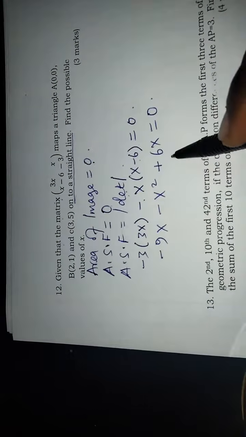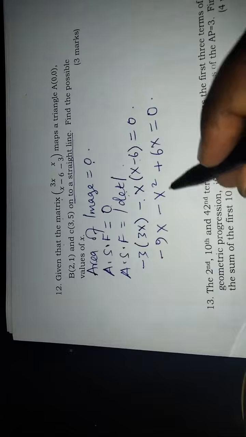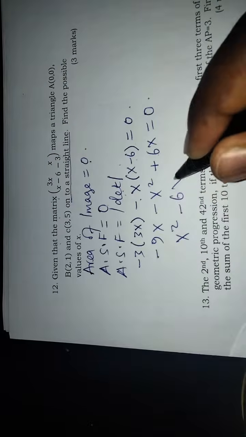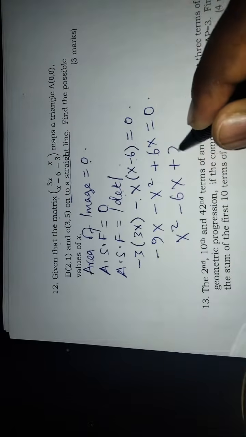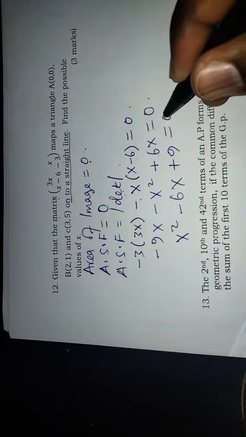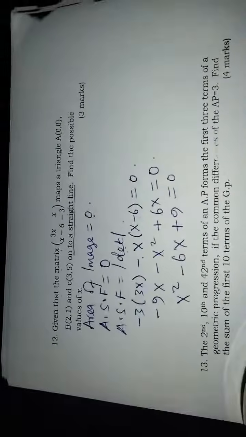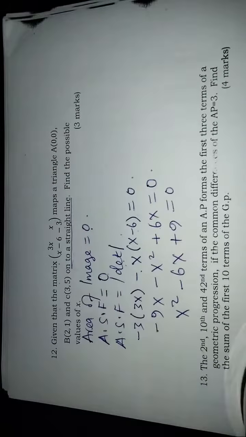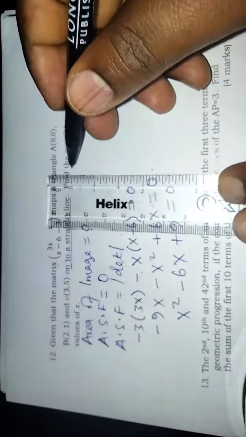So we can arrange our equation so that we begin with x squared. This becomes negative 6x, then positive 9 to remain with a 0. So we have our quadratic equation now, which can be solved in several approaches. We can approach it using factorization, using completing the square.